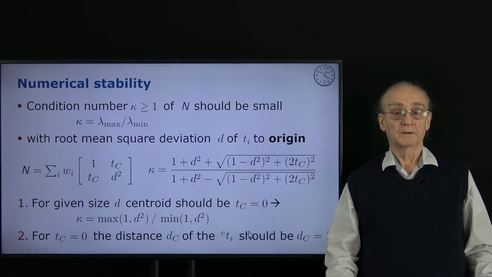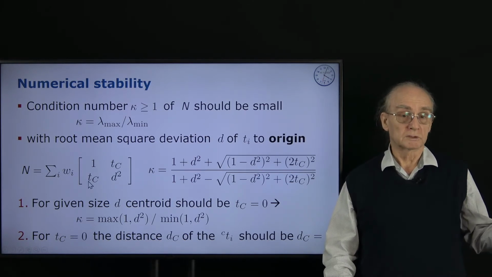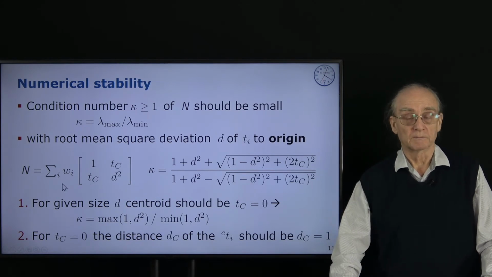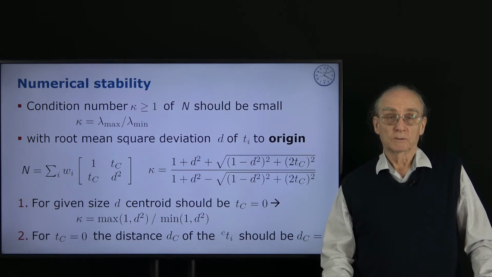Then we would get a normal equation system which has a 1 here and a 1 here and 0, 0, so it's a unit matrix multiplied with some factor. How do we get this scaling? The same way as we got the centroid.